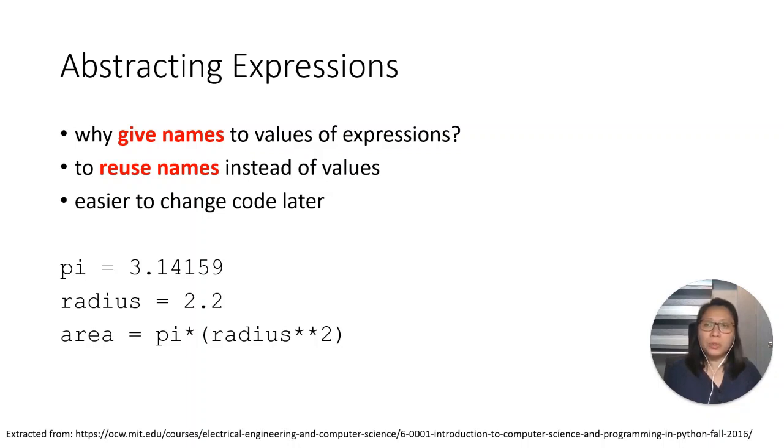It's easier to change the code later on if we just have to change the one line of code assigned to a variable name, instead of changing several identical expressions that refer to the same value or the same object.